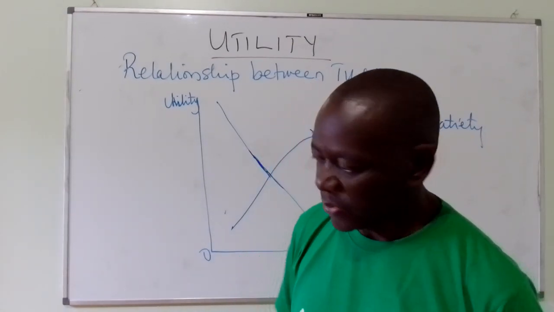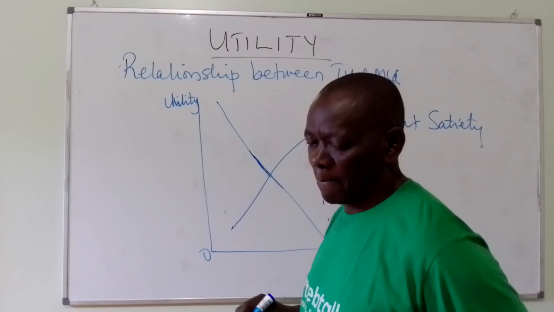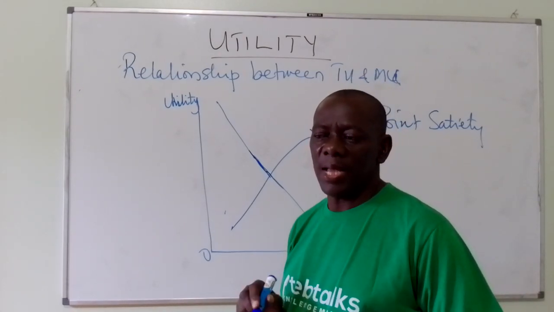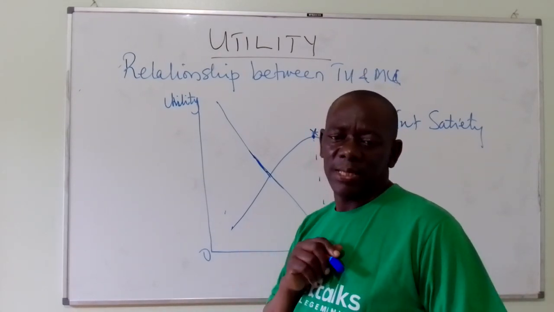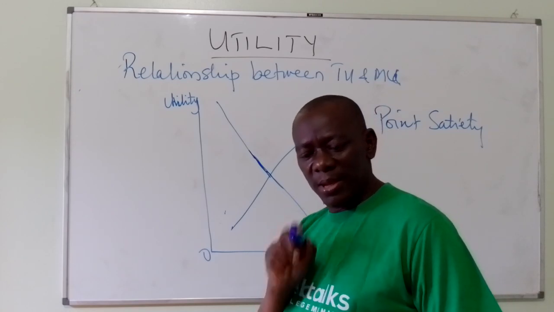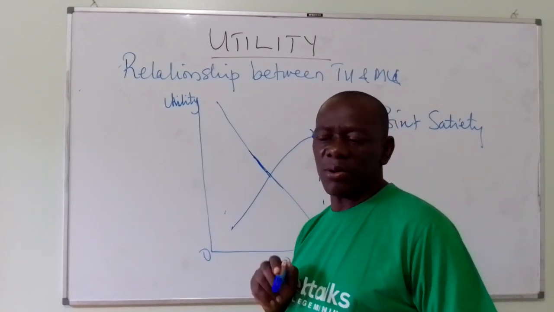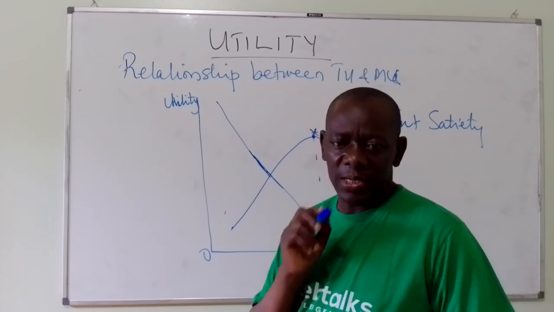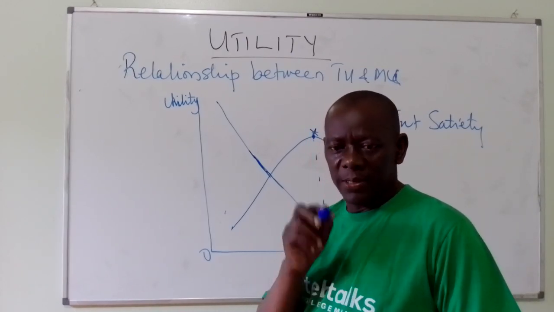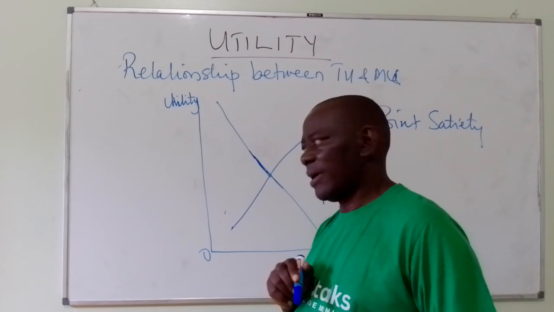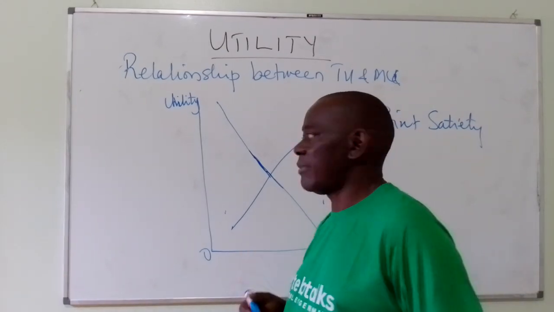In economics, we look at marginal utility as a key factor in determining consumer behavior in terms of the products that you are consuming, your willingness to buy the product, or the quantity that you are buying.